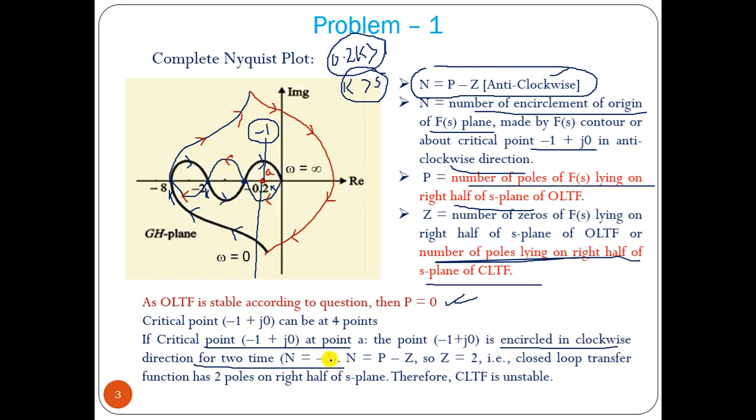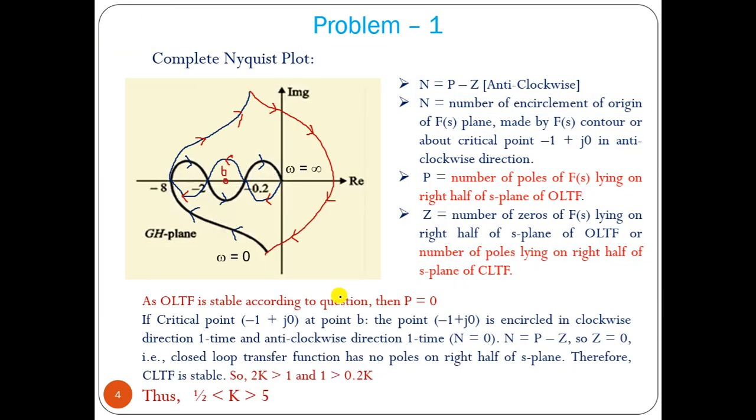So N equal to minus 2, P equal to 0, Z equal to 2. So the closed loop transfer function has 2 poles on the right half of the S plane, so this is unstable. So when this A point is your critical point, minus 1 plus j0, it becomes unstable. So we don't have to find this condition, we don't require that. We have to find the condition for a stable system.